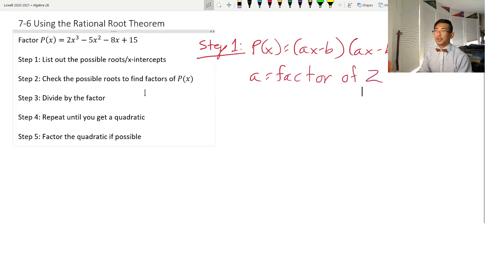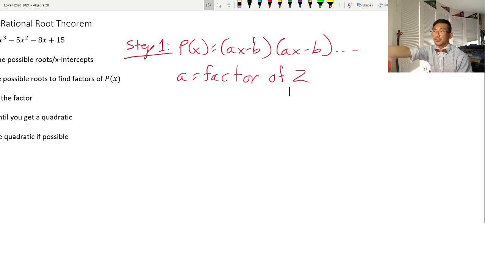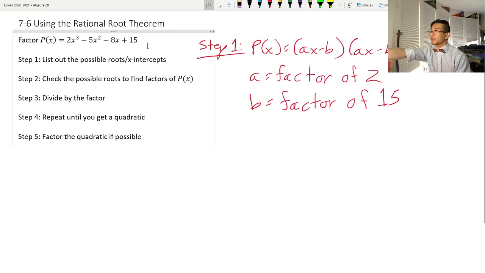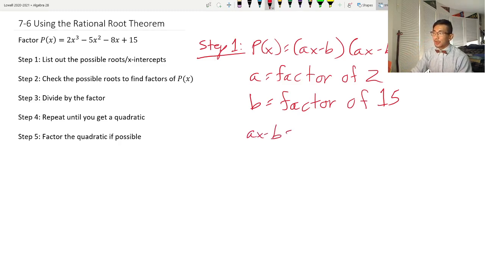Likewise, when I multiply all the constant terms in all of the factors, those have to be factors of 15, because all the constant terms multiplied together will give the constant term that we end up with, 15.